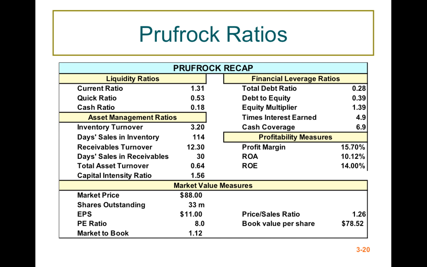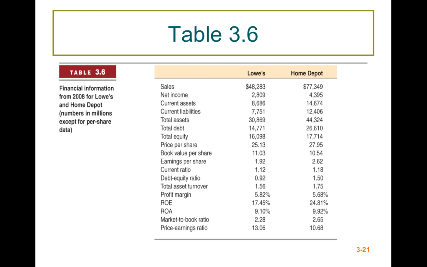Now the text does go through an example. I don't know if it's the same example, probably isn't the same example here, but at the time it was going through Lowe's versus Home Depot, and you could see that the sales are very different. Home Depot is a lot more sales, but you can look at the different ratios to gauge how the firm is doing relative to a competitor.